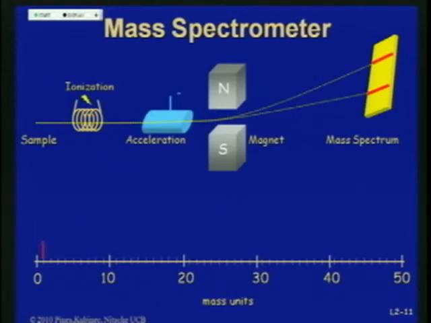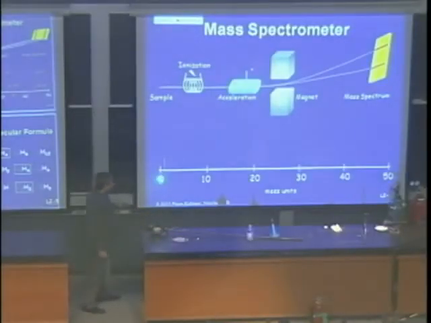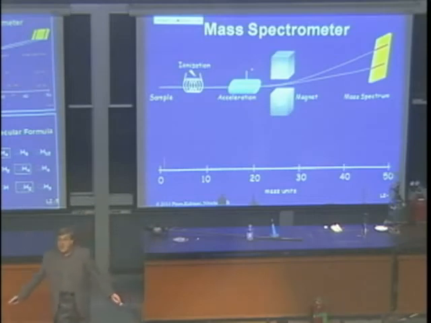So if we have hydrogen, and we plot our mass here from 0 to 50. I just arbitrarily stop at 50. So what would we have at mass 1? Hydrogen, exactly. So we have mass 2. What would that be?